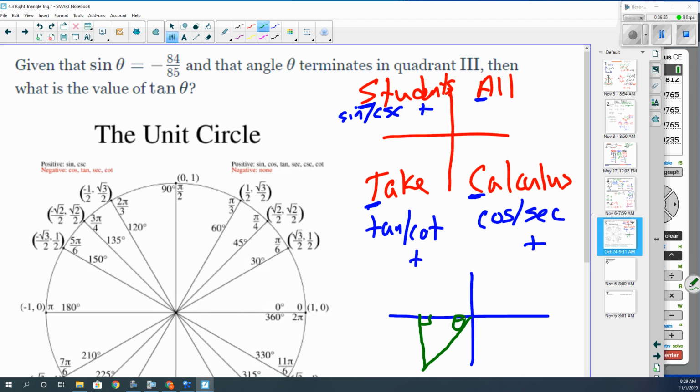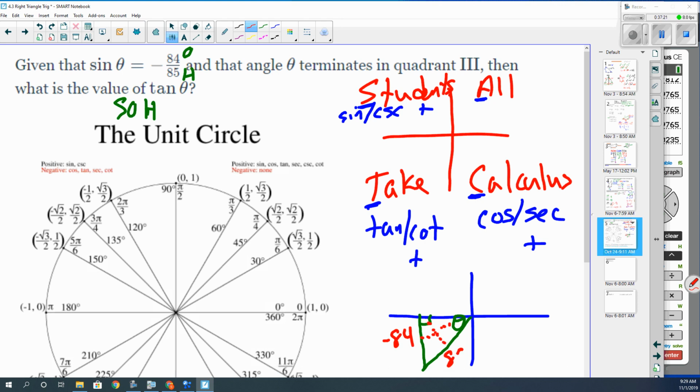Using SOHCAHTOA, sine is opposite over hypotenuse. I always put the negative with the top of the fraction. So the side opposite theta would be negative 84. The hypotenuse is across from the 90-degree angle.